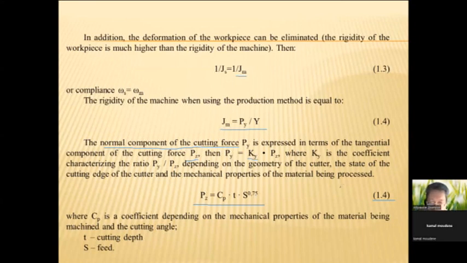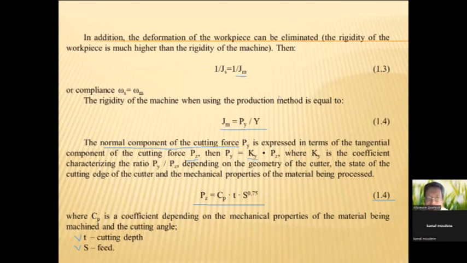In this formula, C suffix P is a coefficient depending on the mechanical properties of the material being machined and the cutting angle. T is cutting depth. S, it's feed.